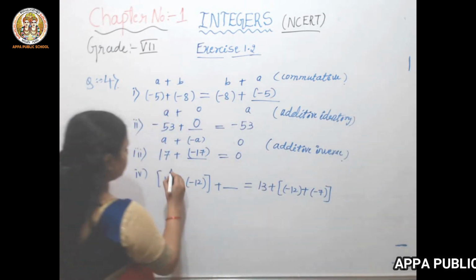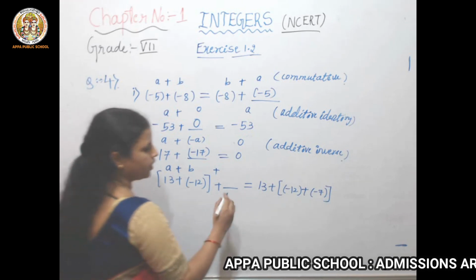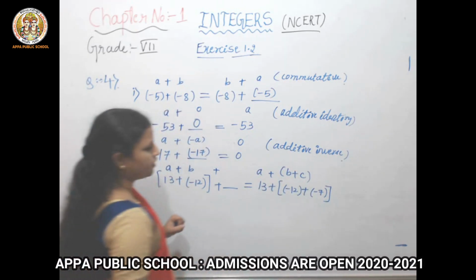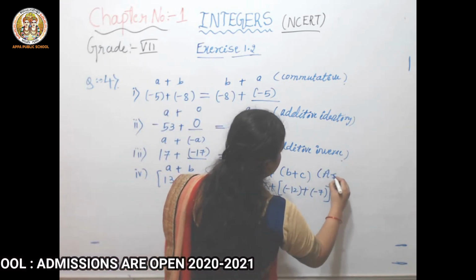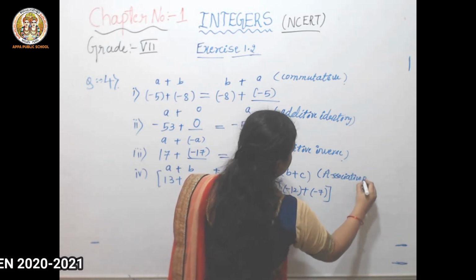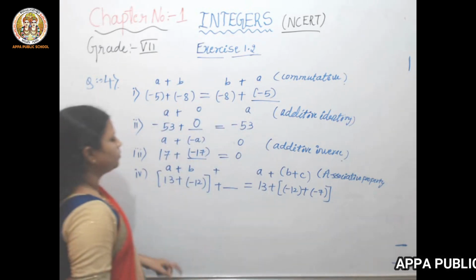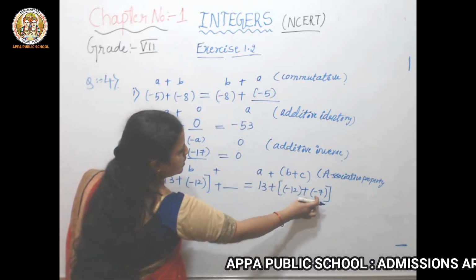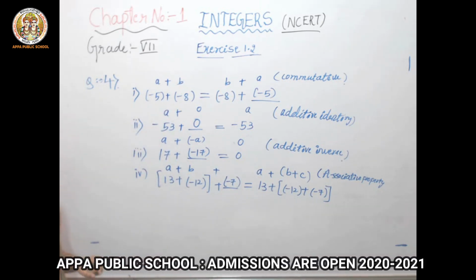Here it is a plus b plus c. What is it? It is the associative property. Now here plus c. What is the value of c here? You see here it is minus 7. So you should write here minus 7.